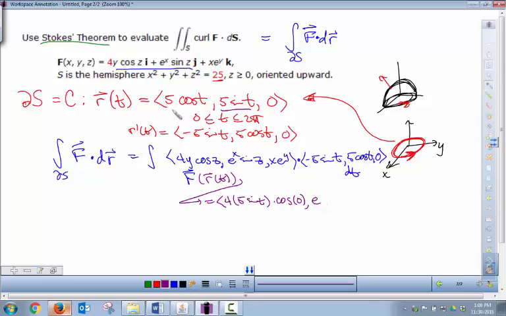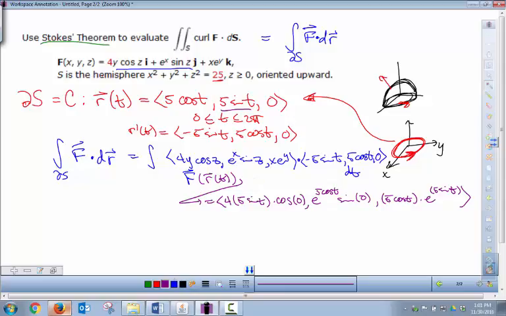I have e to the x, x is equal to 5 cosine t times sine z, and z is equal to 0. And then I have x e to the y, so I don't really want to write this down, but I will. X is equal to 5 cosine t times e to the y, which is 5 sine t. So that's what the first vector becomes.